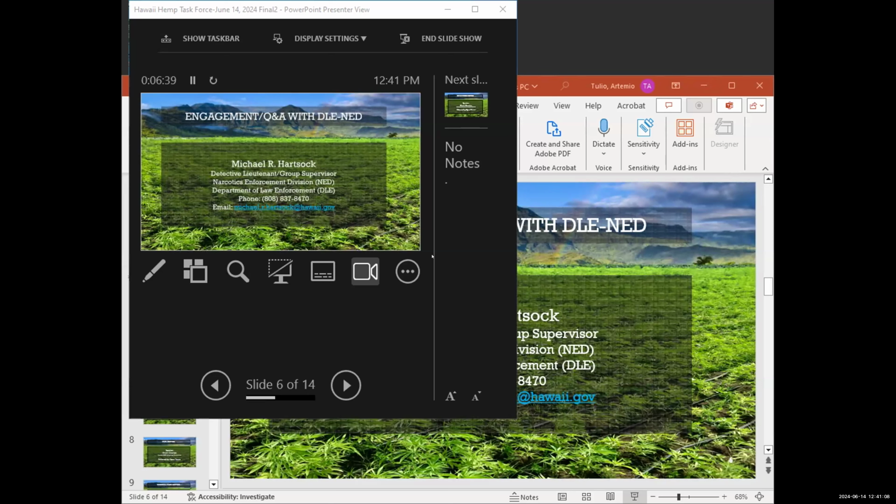And so I'm curious to find out what the NED's position is on a hemp crop that is grown completely legally. It meets the 0.3% THC threshold, or it's lower than that.